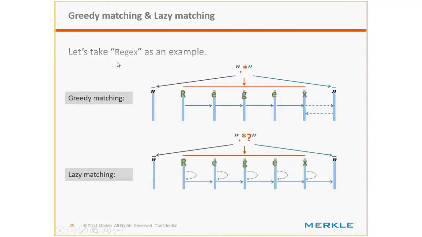Okay. And I will take regex as an example to explain why. In greedy matching, the first quotation matches, this first one is easy, and the control goes to the dot, and the plus character makes the dot greedy, so it will match until the last quotation. In this step, the dot will match regex and the quotation.